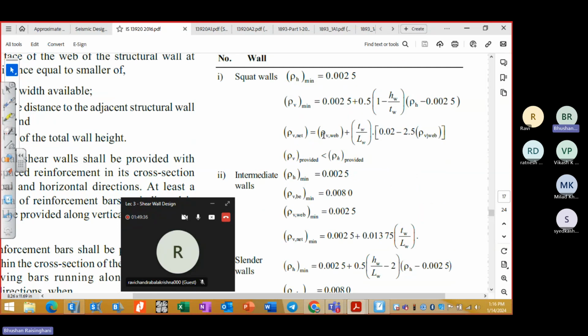So rho v net will depend upon the web. Okay, so if it is 0.25 here, 0.25 here, it will still be more than 0.25, because this term will become 0 if your rho h is 0.25. So this becomes 0.25, but this will become higher than 0.25. So your net reinforcement requirement will be higher than 0.25, though it is mentioned as 0.25.